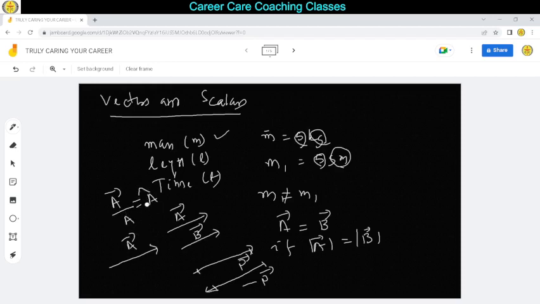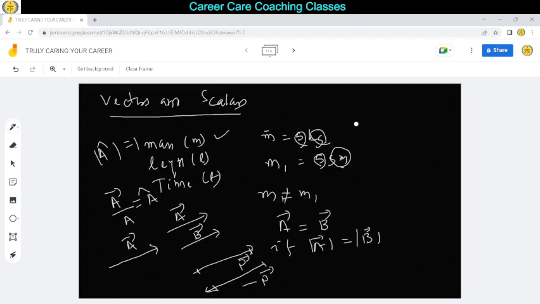So A cap is a unit vector along the direction of A whose magnitude is 1. You can write the magnitude of A cap is 1. This is the unit vector.